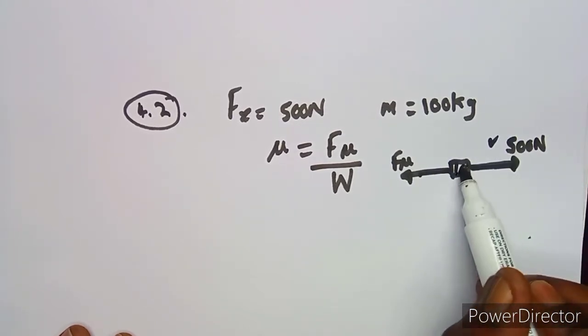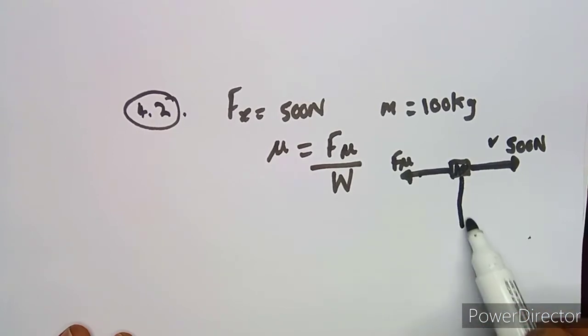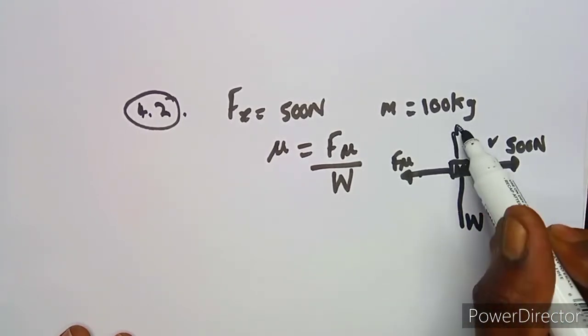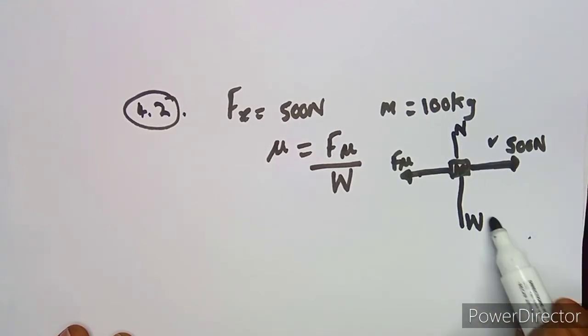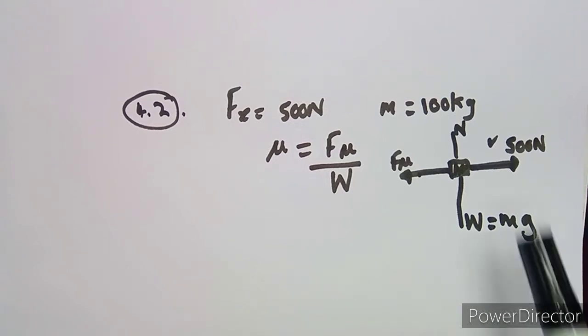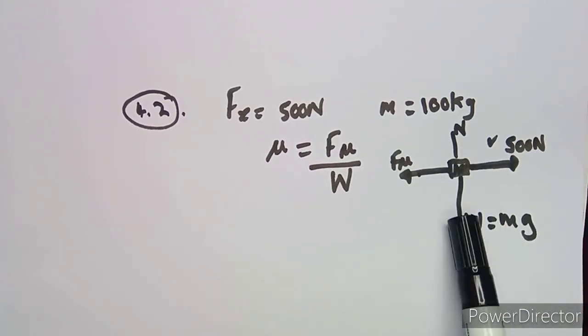But according to the object that we have, we are going to have the weight component, which is the same as the normal reaction, which is equivalent to mg. Remember guys, from this concept, that this part is on a horizontal surface, so this side is going to be equal to this side, only opposite in terms of the signs, but the same magnitude, which means these are the same values.